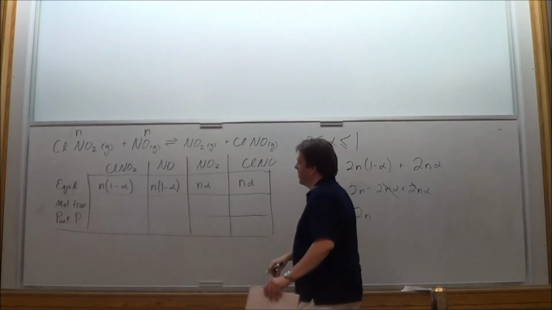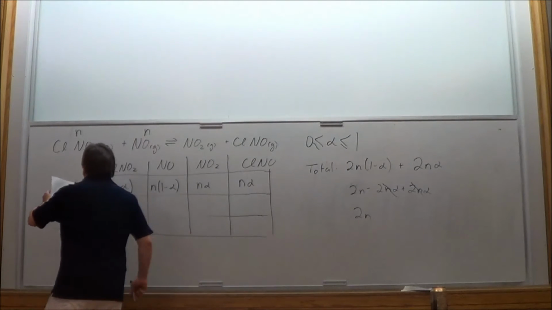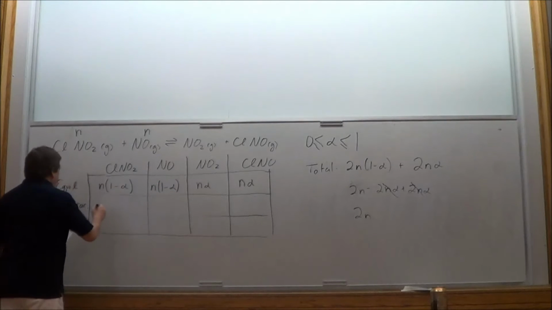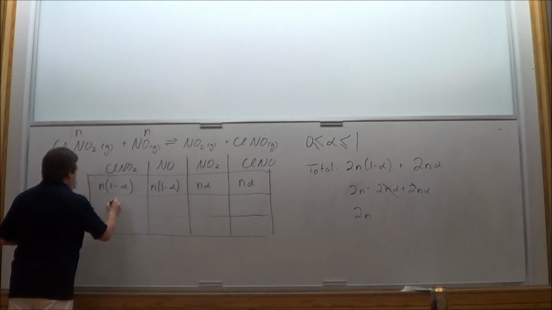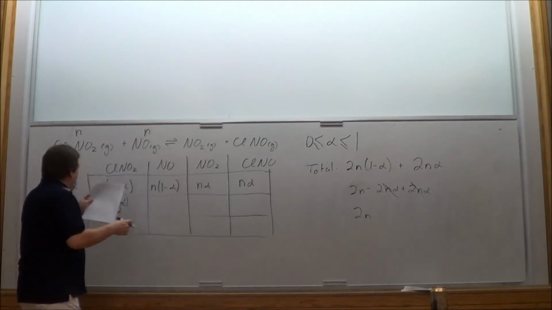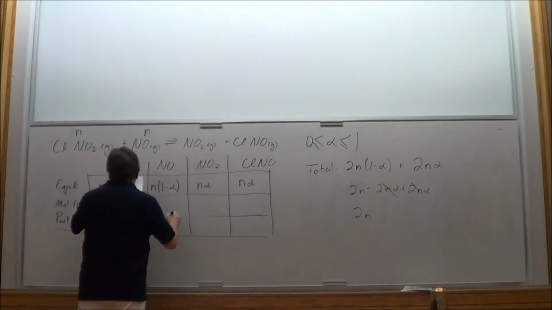All right, so that ends up being very easy. Okay, mole fractions are this over the total. And that's going to be 1 minus alpha over 2. I've just canceled out the n's.